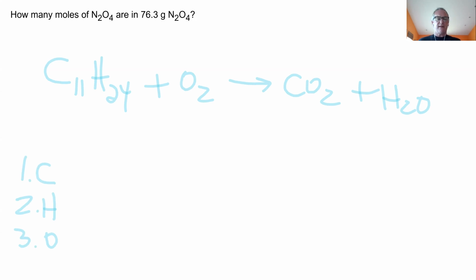So how many moles of CO2 are we going to have? Based on this formula, how many moles of CO2 am I going to create? 11. 11, right, because I got 11 carbons here, so I need 11 carbons over here.